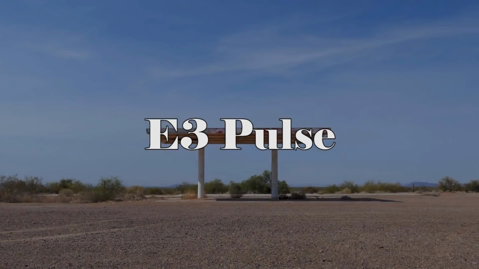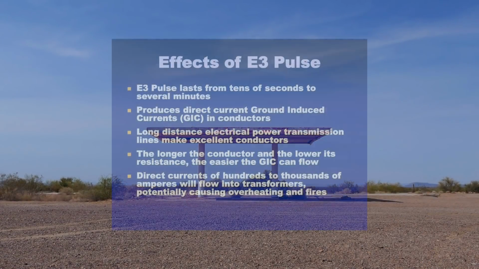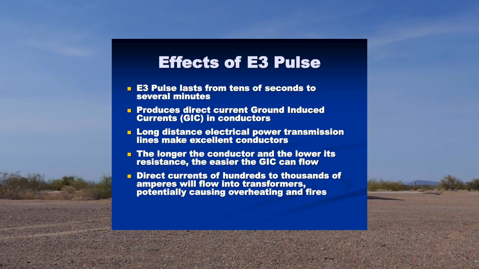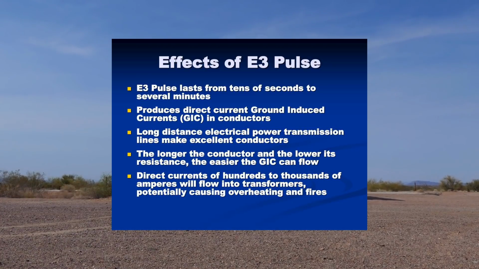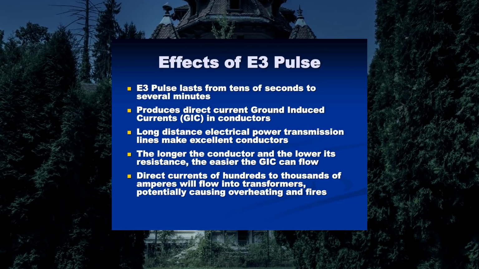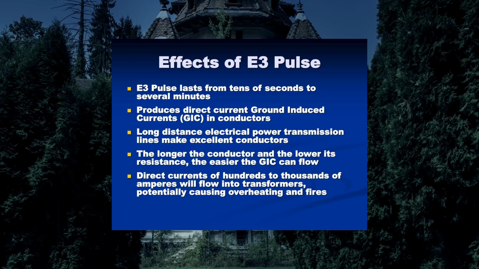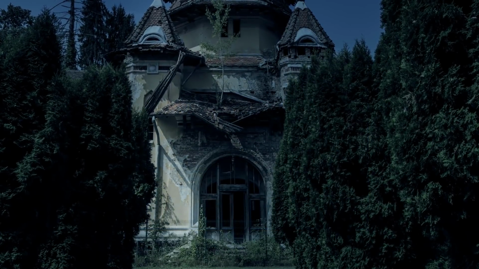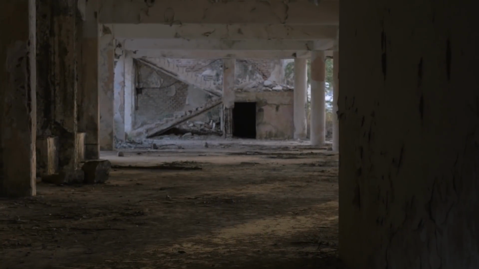The E3 pulse is the late time portion of the EMP and occurs between 0.1 seconds and several minutes. This pulse is characterized as a low amplitude, very low frequency signal. This final major component of the EMP is a subsequent slower rising, longer duration pulse that creates disruptive currents in long electricity transmission lines, resulting in damage to electrical supply and distribution systems connected to those lines.